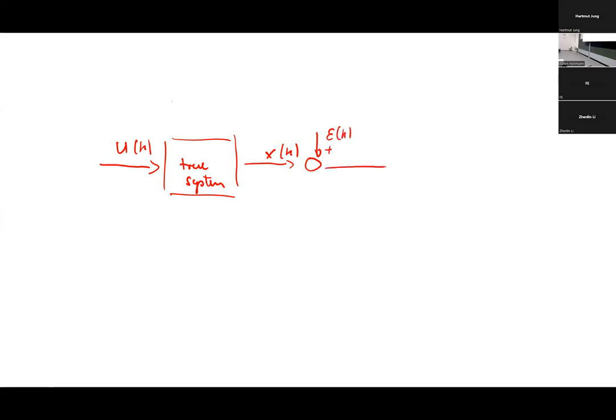I get the output, YK. And only in the case where this is affected by a filter, which is given here and there, we have white noise. Then we get a bias-free estimate.